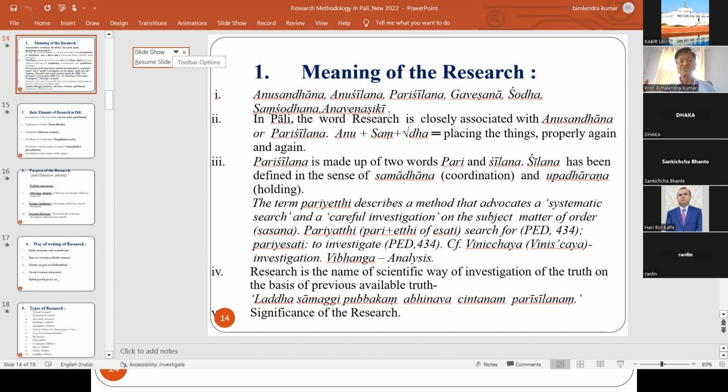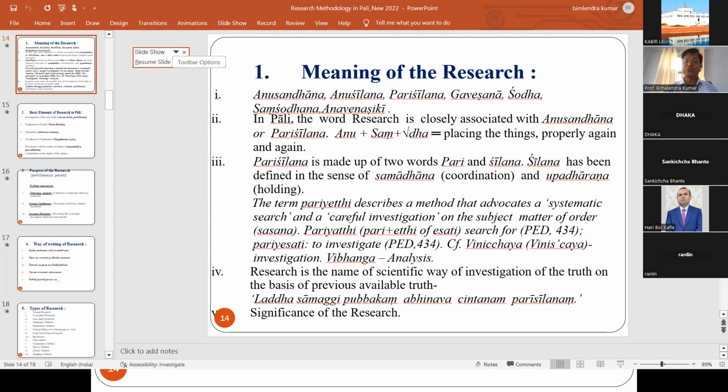In that sense, research is searching again and again, making further research or further investigations on any ideas or concepts. This is called gaveshana.